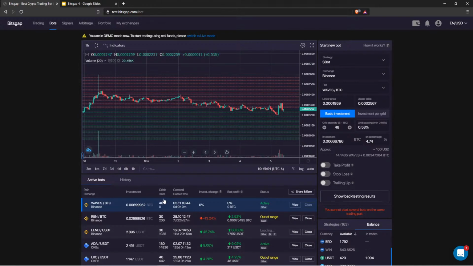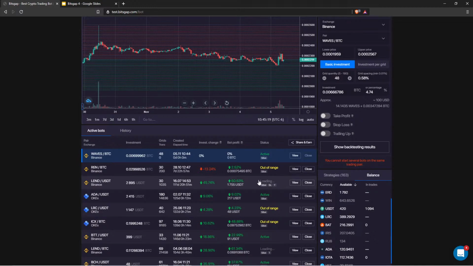And here you have all the information you need: the investment, grids amount 48, created at this exact date and time, elapsed time, so that's the duration, investment change, and bot profit.